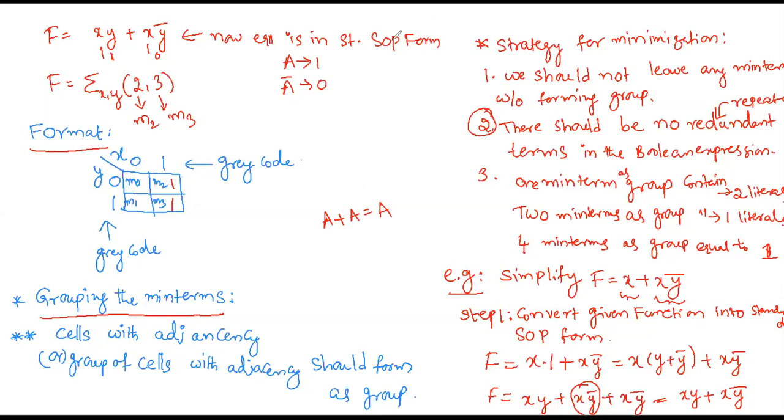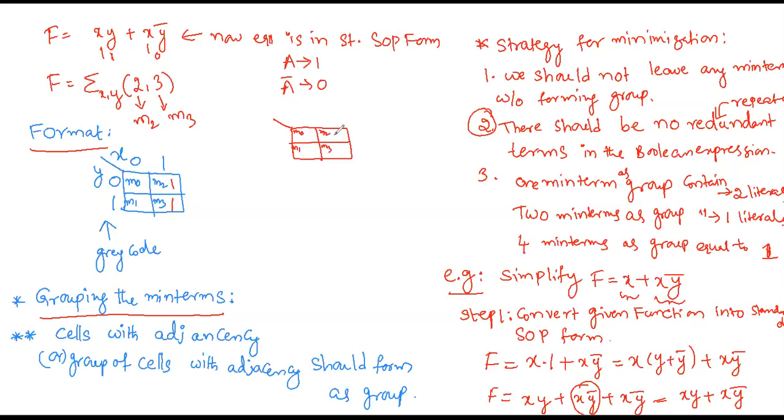Now, we have the K-map like this: M0, M1, M2, M3.